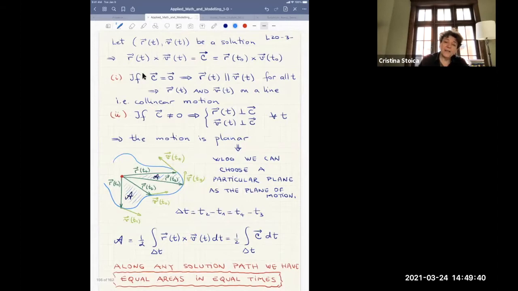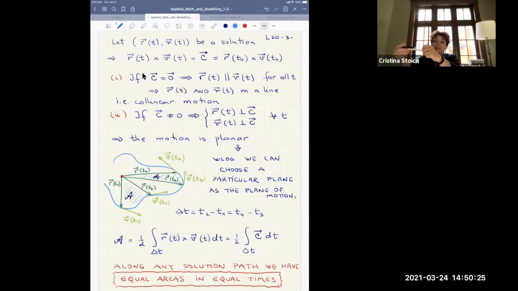Anyhow, what we did, we took this constant C and we said, if it's 0, we proved that the motion stays on a line, because the radius vector and the velocity are collinear. Whereas if the constant is not 0, then it's a vector constant, and the radius vector stays perpendicular to this constant, and the same with the velocity vector.